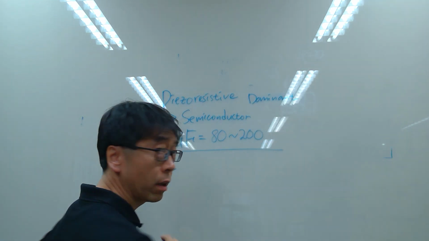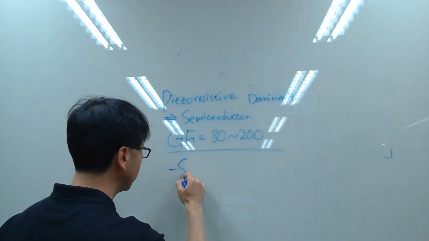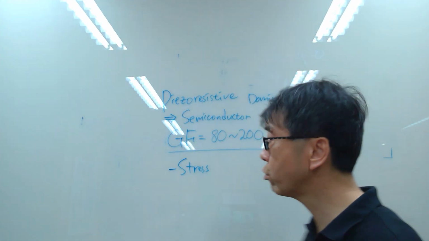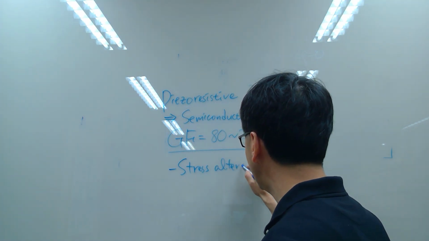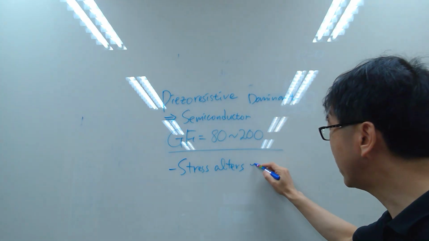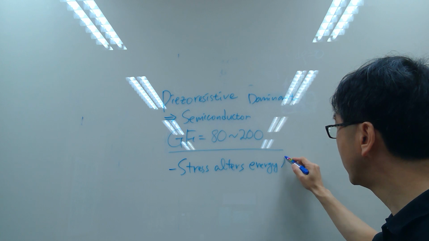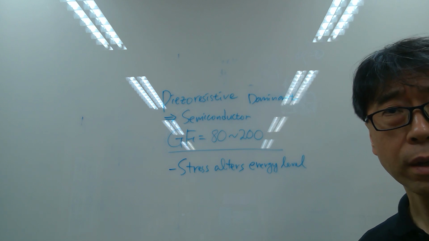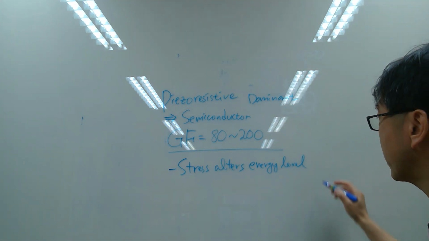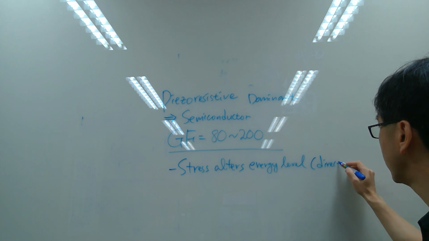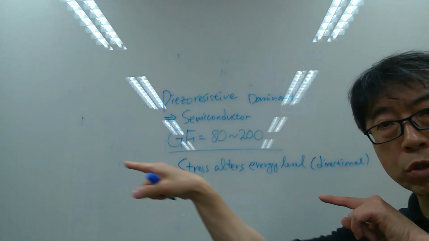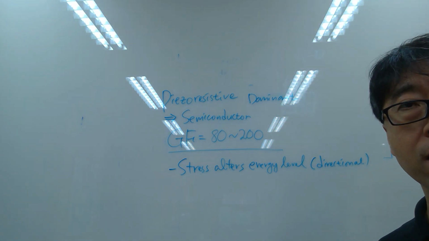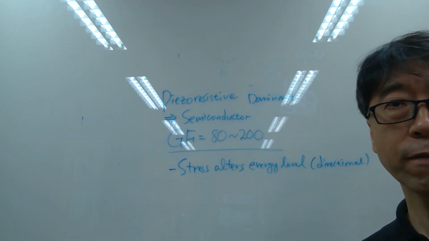First of all, there will be a stress applied to this material, and this stress will alter the energy level of the major carrier. That's why this is a totally quantum mechanical effect. So this is directional. Depending upon which direction stress is applied, this energy level change will be different.